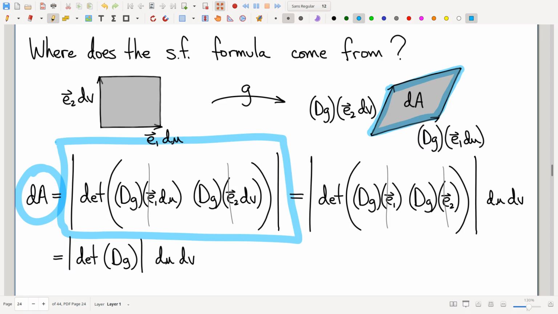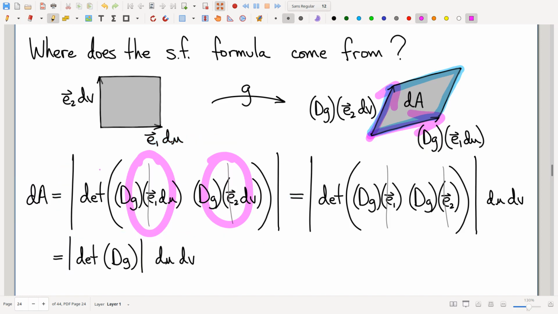So now I need to persuade you that these are in fact the formulas for these edge vectors. How do I know that these are the right formulas for those edge vectors? Well, I'm going to claim and then argue that those edge vectors are the images of these edge vectors here.